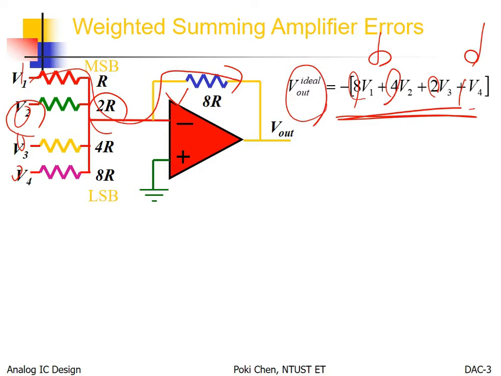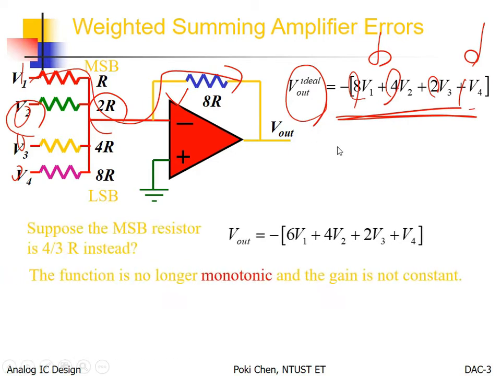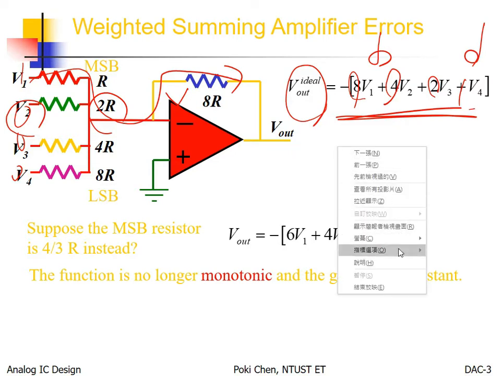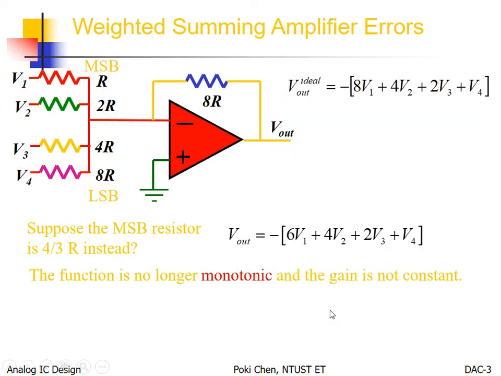So in principle, such a very simple circuit can be the so-called DAC. However, it is too simple, so it has a lot of defects. Never mind whether it is simple or not, all circuits have their own defects. From the very beginning, if something goes wrong with the resistors after fabrication, nothing is perfect, including the resistance.